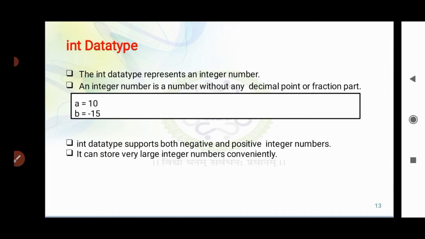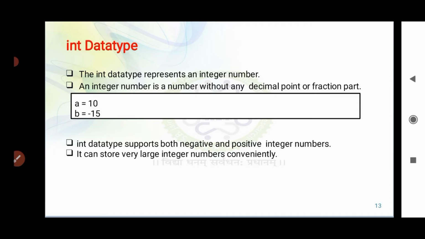So here we have integer data type. Now when we are talking about integer data type, it talks about integer values. So int data type will be used for both positive as well as negative integer values.